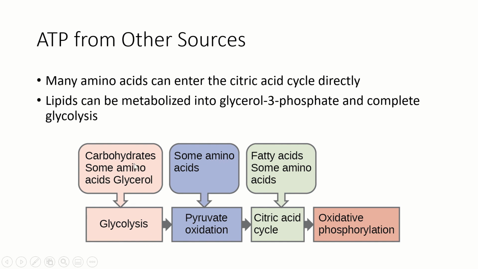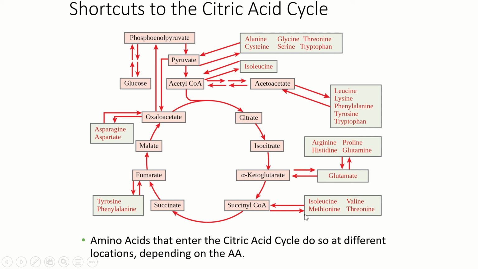There are some other carbohydrates and some amino acids and glycerol, the thing that is part of a triglyceride fat, the glycerol can become a glucose and go straight into glycolysis. Some fatty acids and amino acids can go directly into the citric acid cycle.